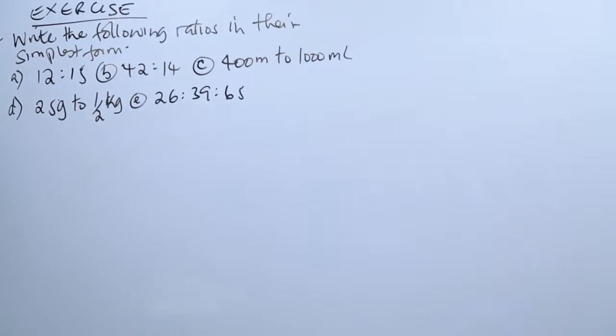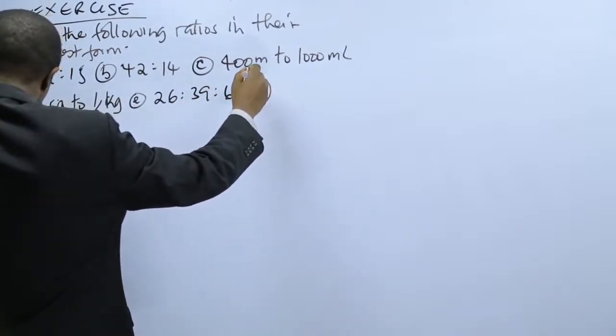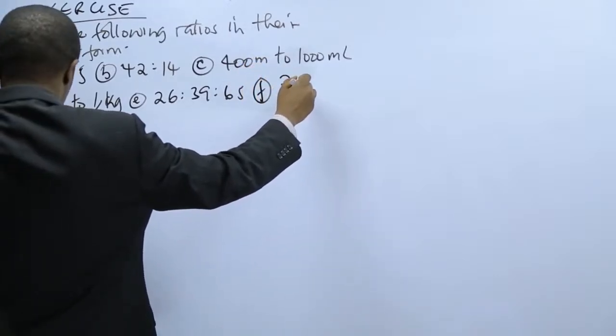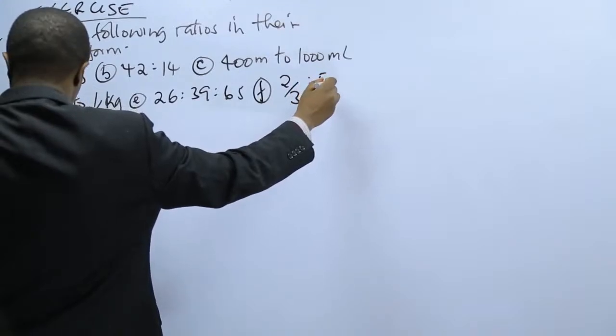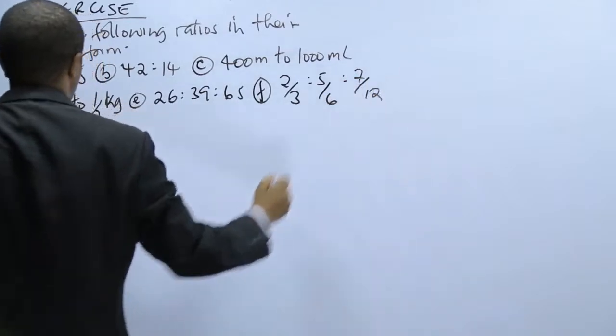Then we have F. F is 2 to 3, 5, 6, 7 over 12.